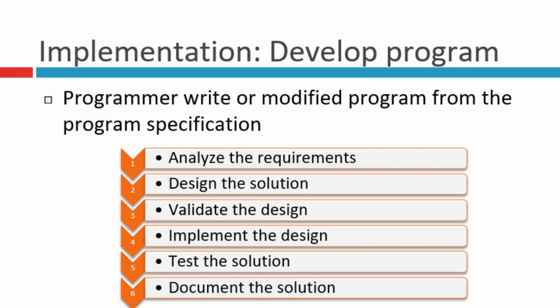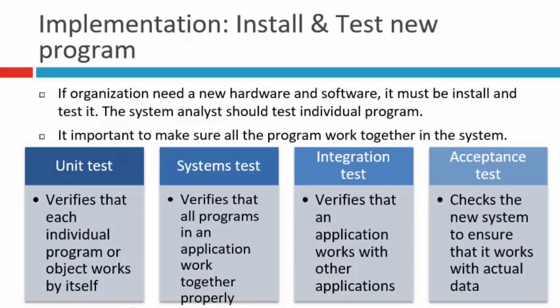It involves the programmer to analyze the requirements again, design the solution based on the phase 3, the design phase. Validate the design that is given from phase 3, implement the design, test the solution, and document the solution.